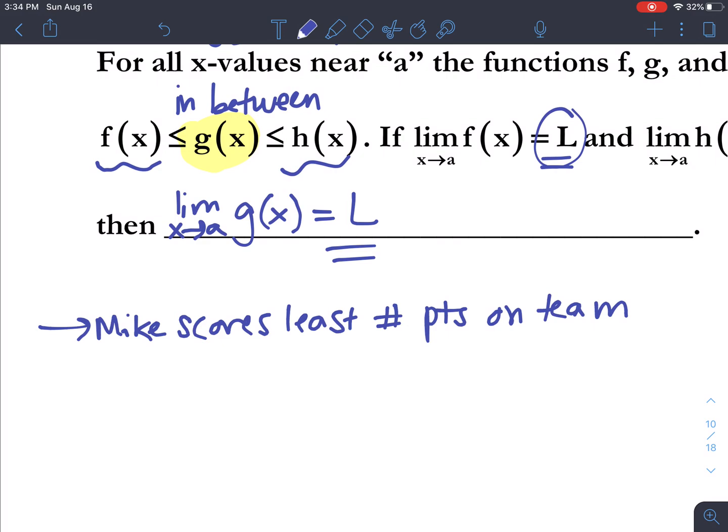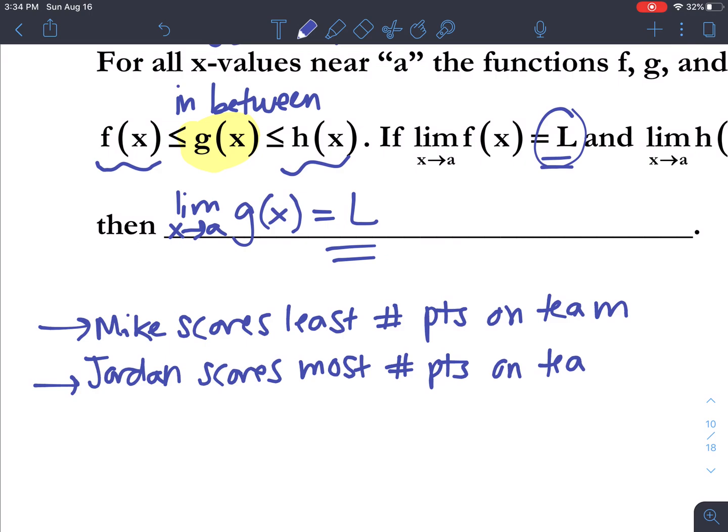He's working his hardest, he's just not scoring the highest. Then there's this guy, Jordan. He scores the highest number of points on the team every single game. Open the scorebook, Jordan's in there. He's got the most points every single game. Pretty good at basketball.